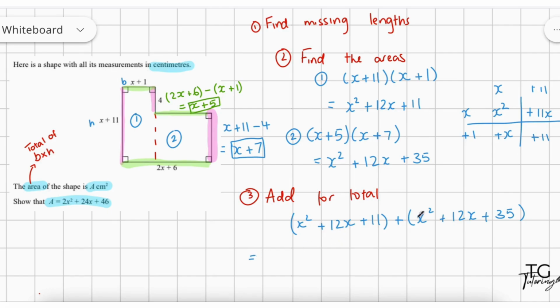So x squared plus x squared is 2x squared, and 12x plus 12x is 24x, and then 11 add 35 is 46. So the total area equals 2x squared plus 24x plus 46, which is what they wanted me to show. So I know that I've got that correct.